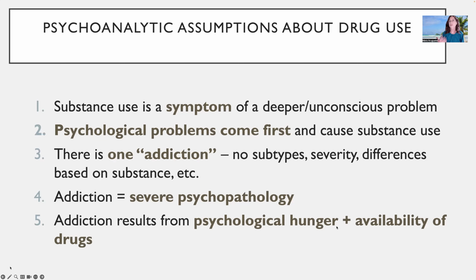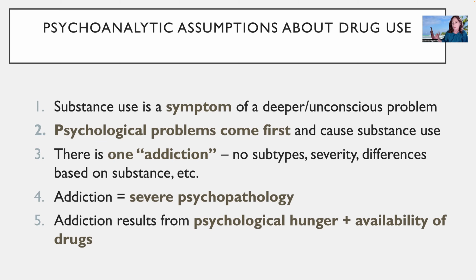Here are some assumptions about drug use from psychoanalytic theory. Number one, substance use is considered to be a symptom of a deeper unconscious problem. The problem comes first. The unconscious conflicts are causing this set of conflicts in us, and that may come out symptomatically with substance abuse.